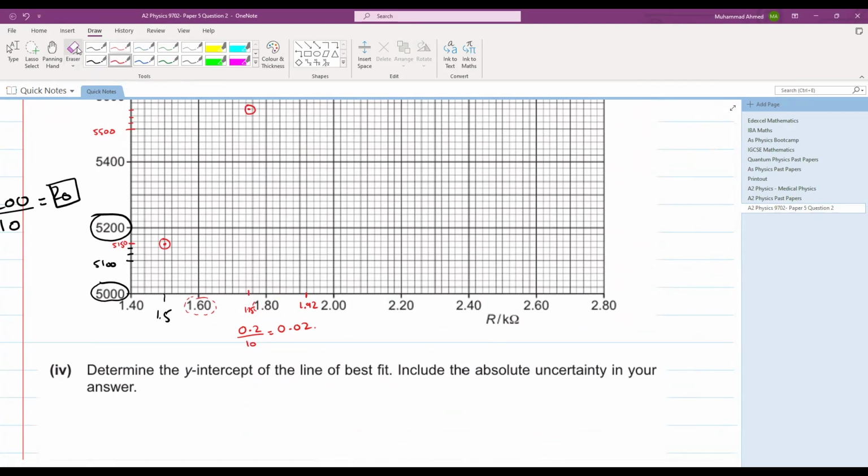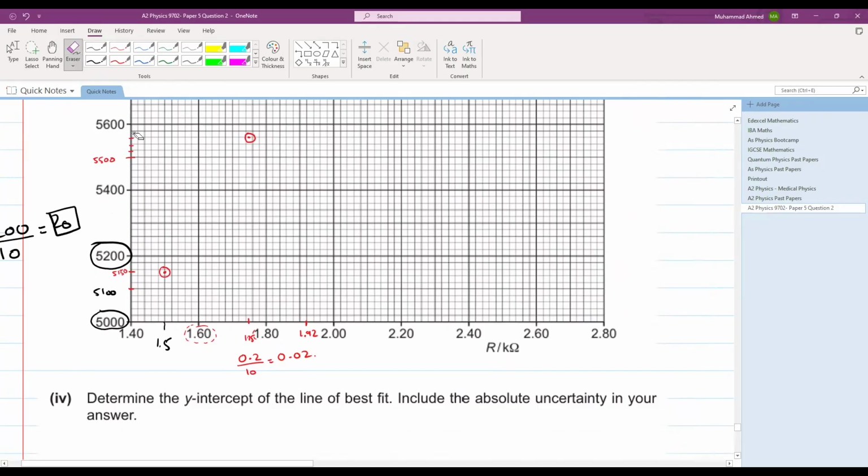Let's erase this as well. We can keep the middle value, I guess, just for reference. And here as well, you can erase all these things. You can keep the middle value just for reference. Okay. Now this is 1.92 on the x-axis.